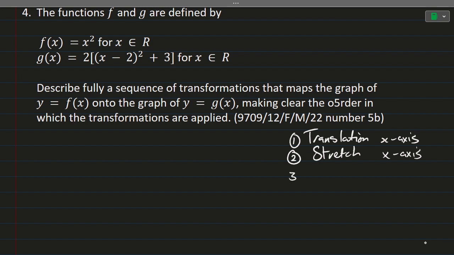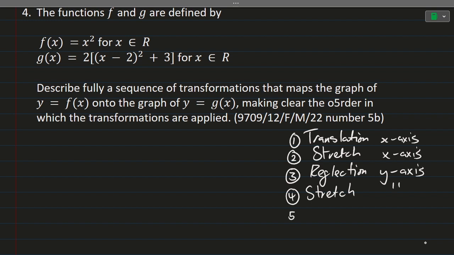Then our third transformation is a reflection in the y-axis, and the fourth one is a stretch in the y-axis. The fifth one is a reflection in the x-axis, and the last transformation, number 6, is a translation in the y-axis.